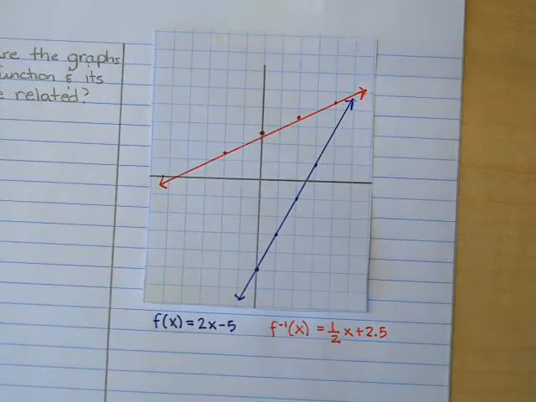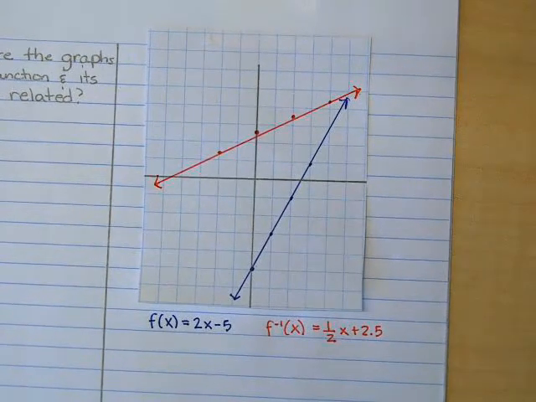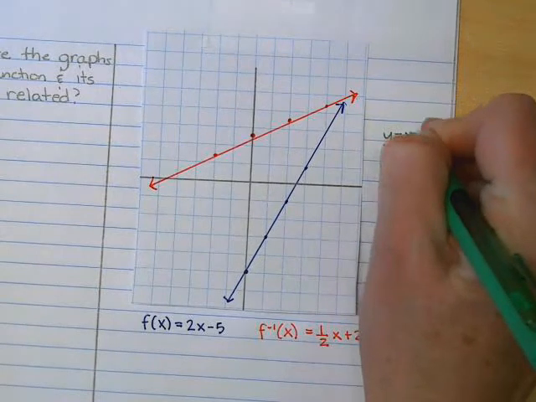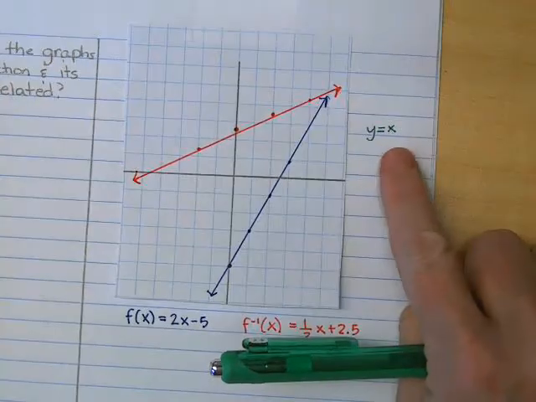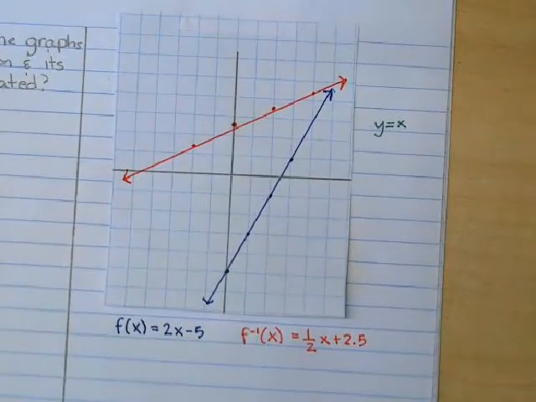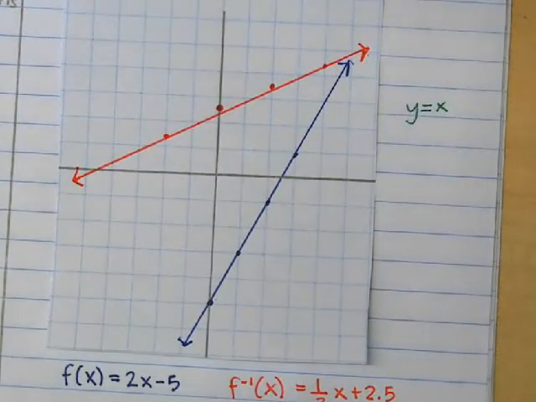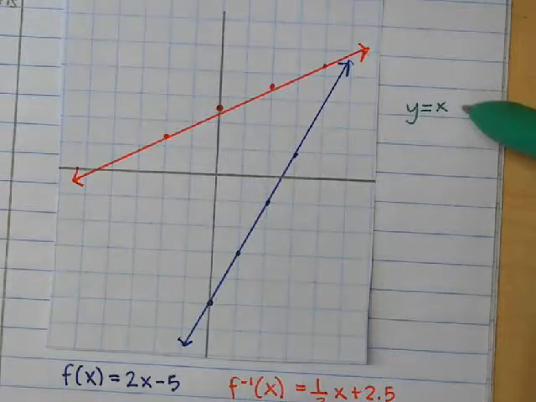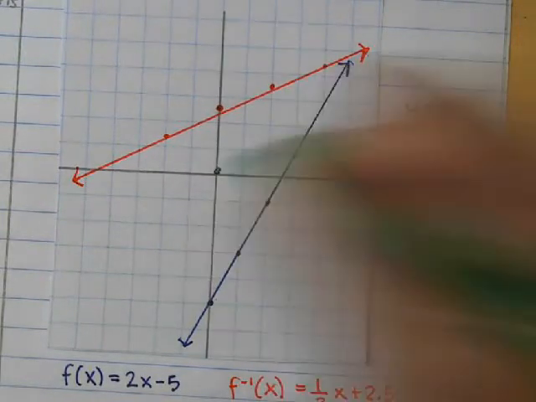You're thinking, okay, how are those related? But once we put in the line y equals x, this is a very important line. We use this line quite a bit in higher level math. I want you to think of the y equals x line as a line that goes through the y-intercept at 0, because it would be like plus 0, and has a slope of 1.